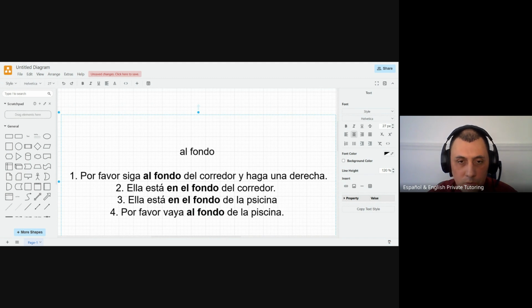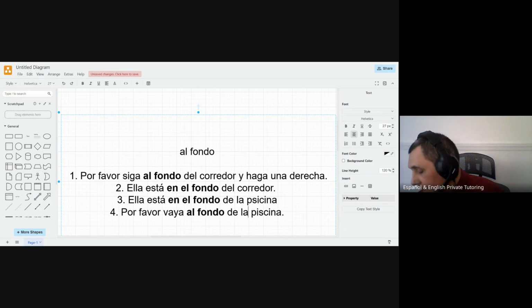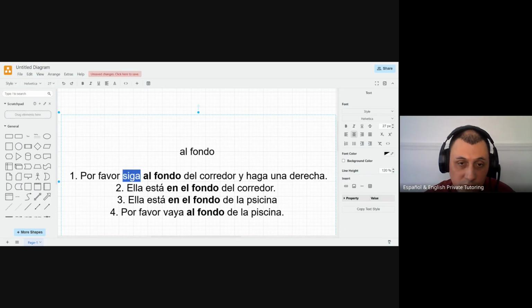If that's the case, it will be al fondo. So, if we are using this adverb with verbs of movement, you use al fondo. If you are using it with a verb related to location, you use en. It's mostly common to use it with en. And that's it.